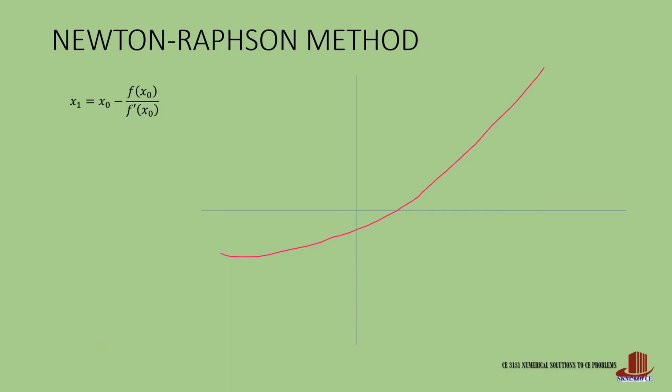Newton-Raphson is an open method which modifies further the idea of regula falsi. In this approach, the tangent line of a point is followed. Say that we are going to consider this point, taking its x distance. Let's say that this would be x1. Y distance is taken as the function of x1.